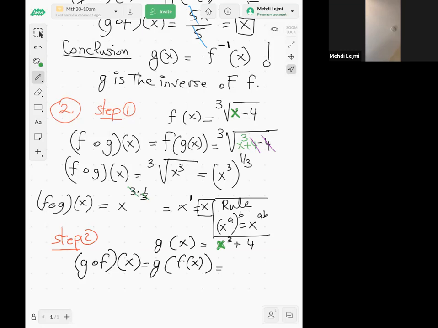So f of x is the third root of x minus 4. That's my f of x. And then I have this power, so it's power 3, cubed. And then there's plus 4.